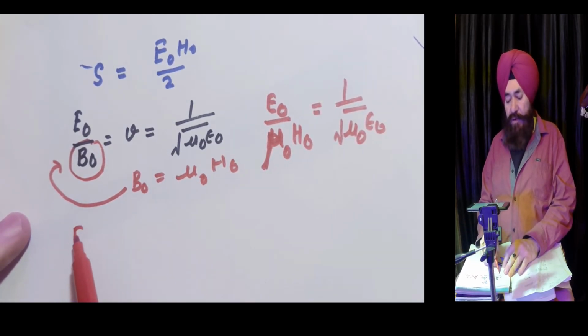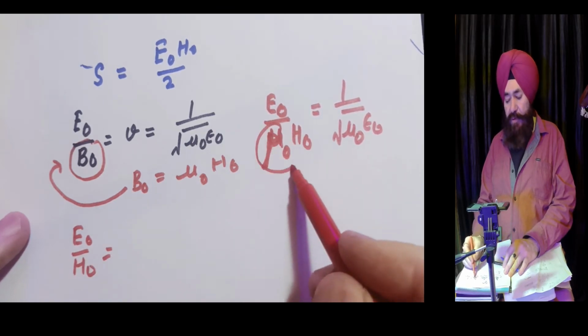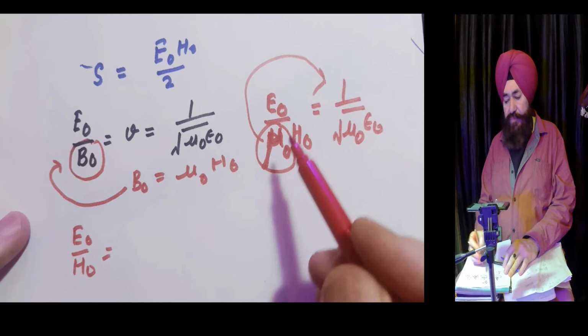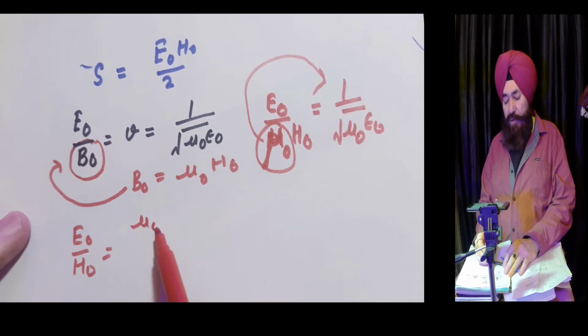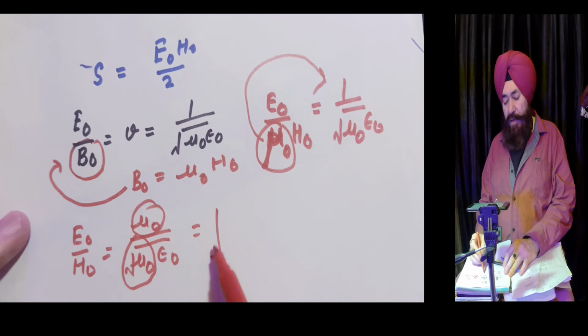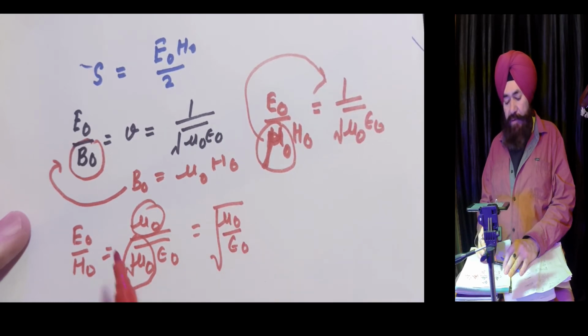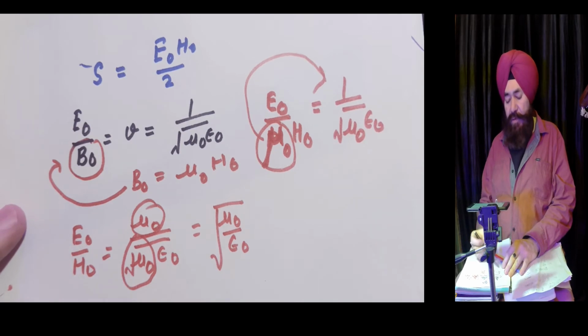Or you can see E naught H naught becomes, this mu naught to this side. So mu naught upon under root of mu naught epsilon naught. So this and this, it becomes mu naught epsilon naught. Okay.